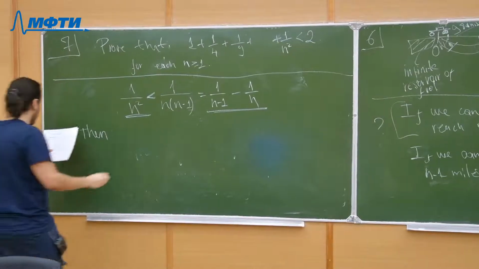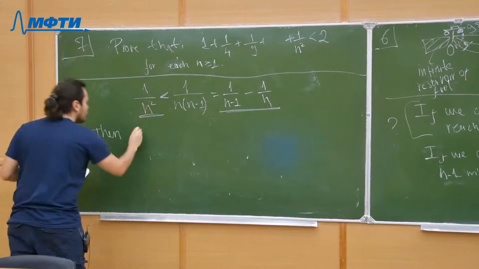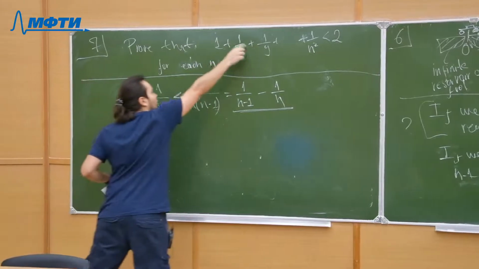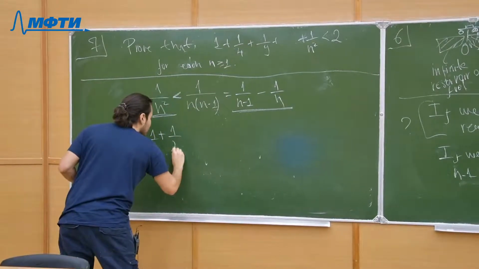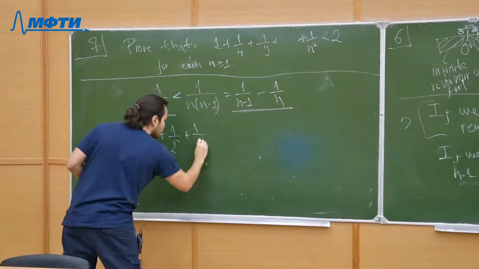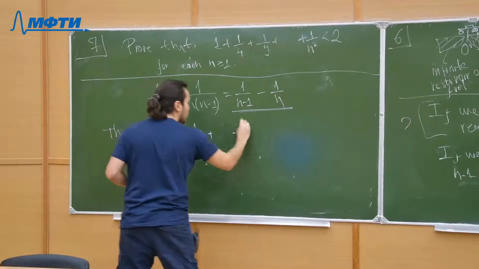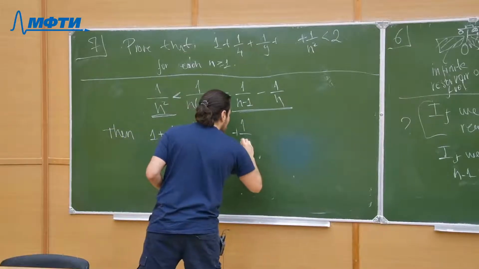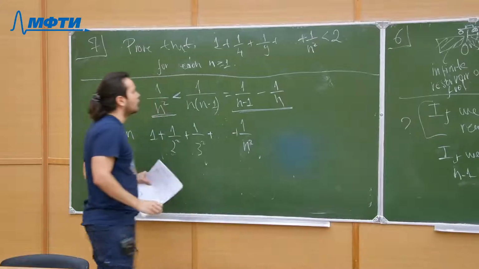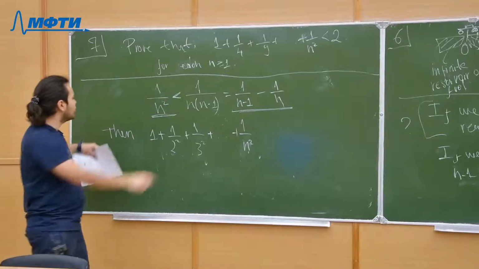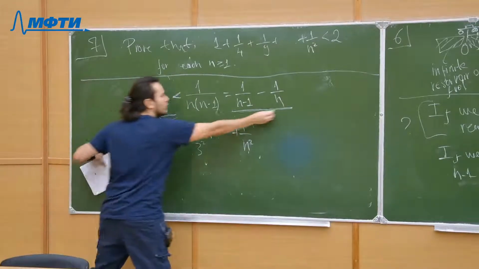What if we have this? This 1 plus 1 over 4 is just, of course, 1 over 1 squared plus 1 over 2 squared plus 1 over 3 squared plus and so on plus 1 over n squared, right? And for each of them, this holds.